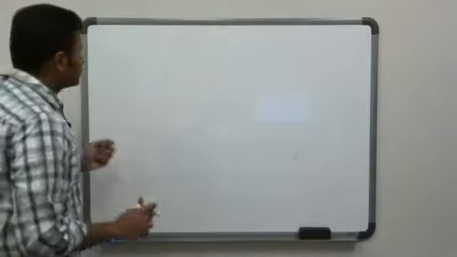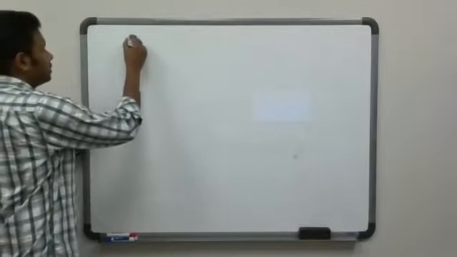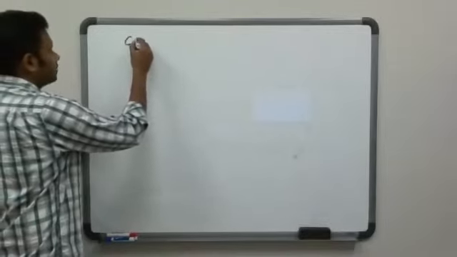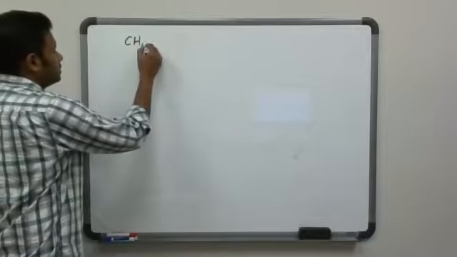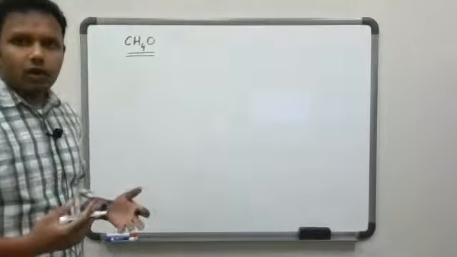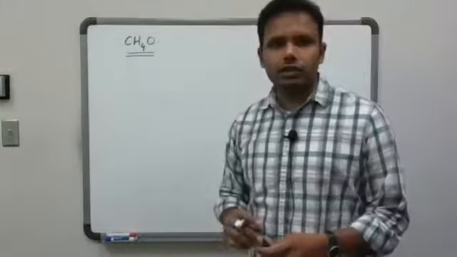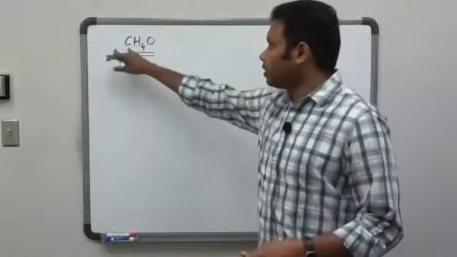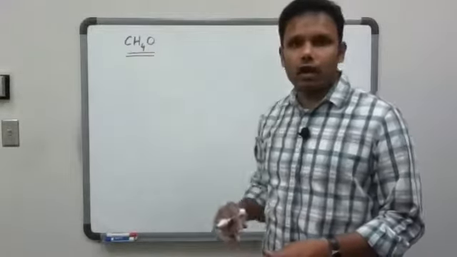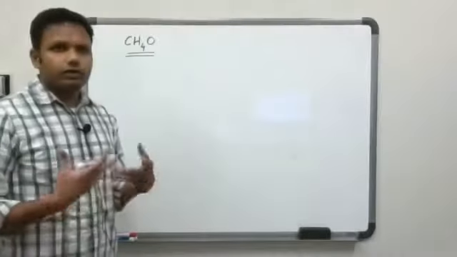Let's think about a molecular formula, CH4O. This compound has 1 carbon, 4 hydrogens, and 1 oxygen in it, and we're going to build a structure for this molecule.